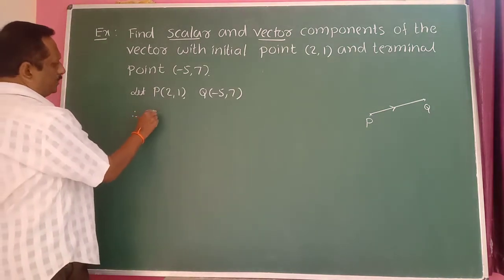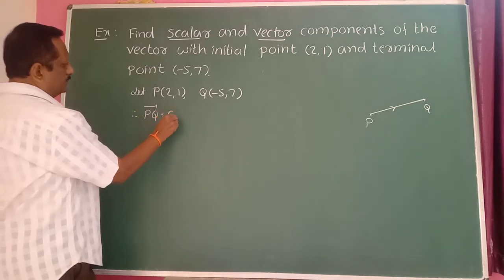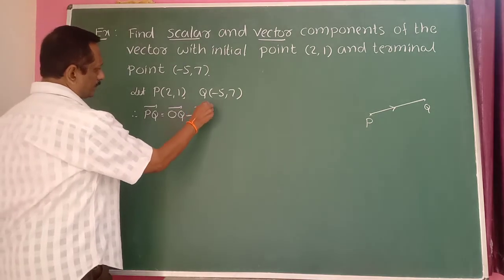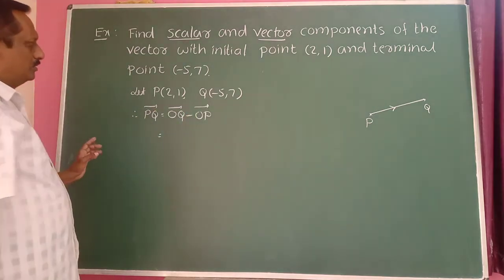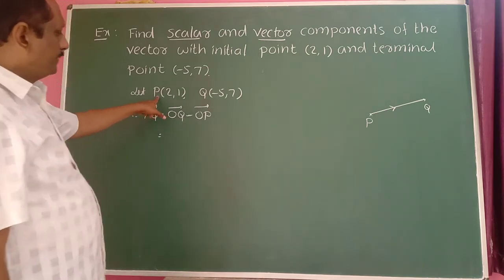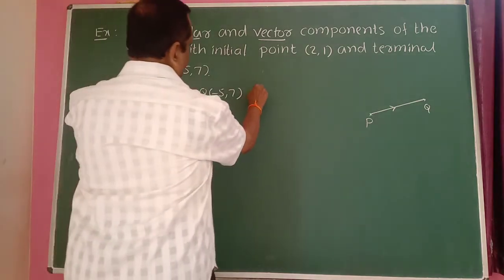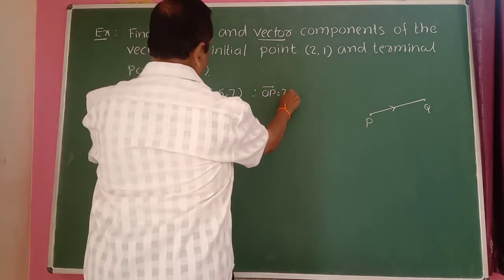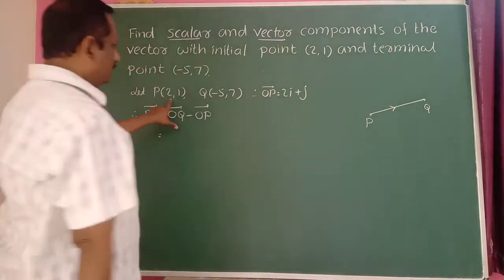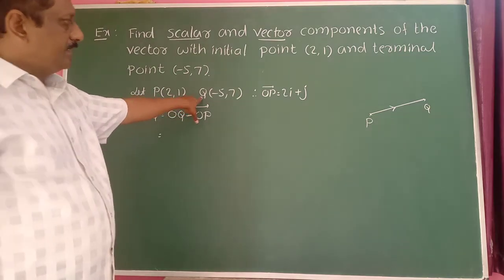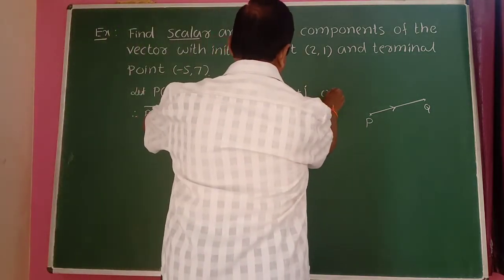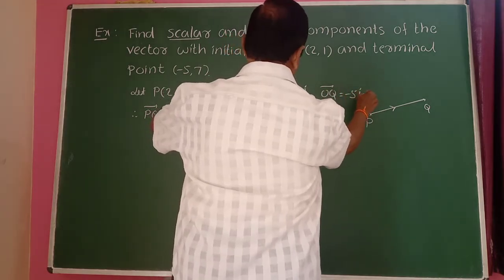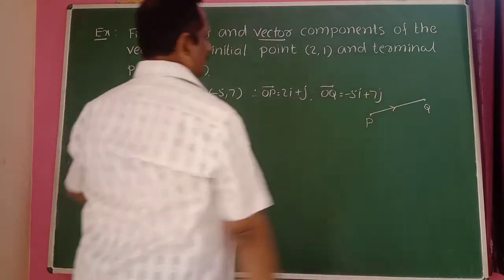Therefore, PQ is equal to OQ minus OP. The point P is (2, 1), which means the position vector OP bar is 2i plus j. And the point Q is (-5, 7), so its position vector OQ is given by -5i plus 7j.